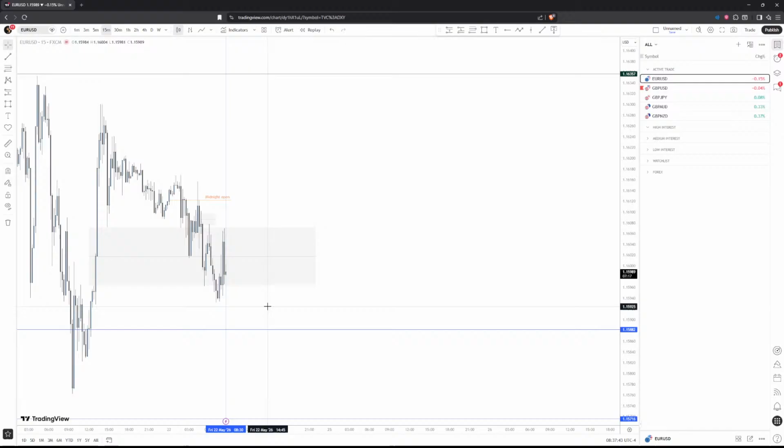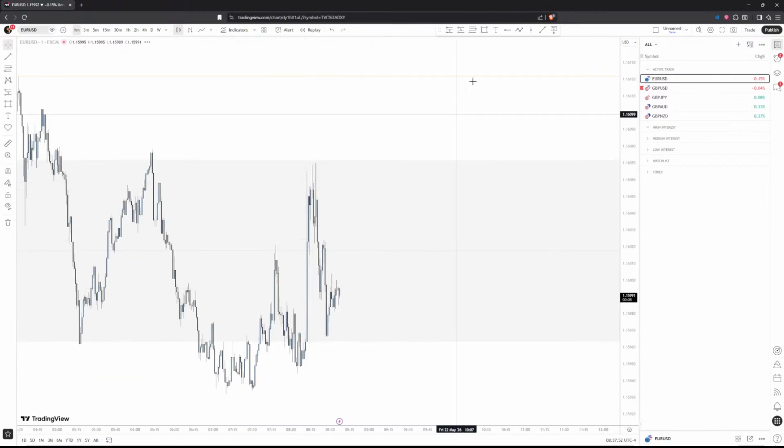And we have midnight open over here, and now we can mark out the market open. Right here.